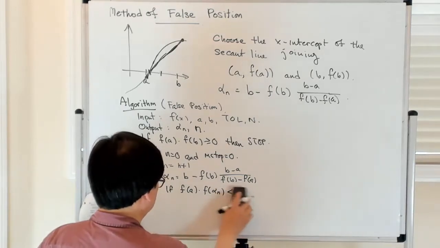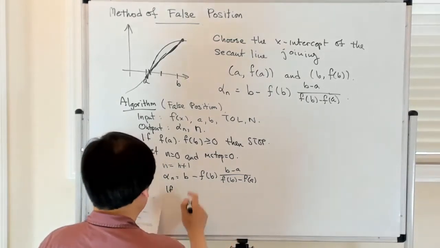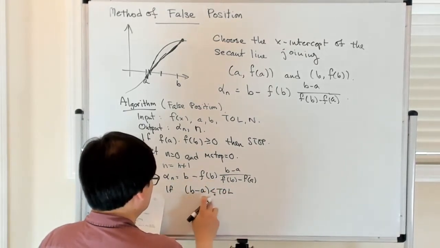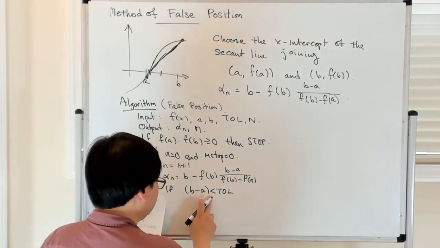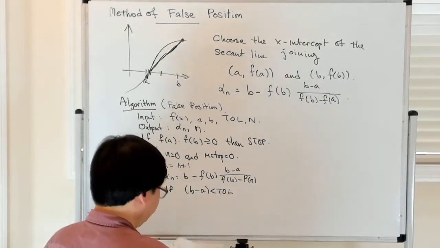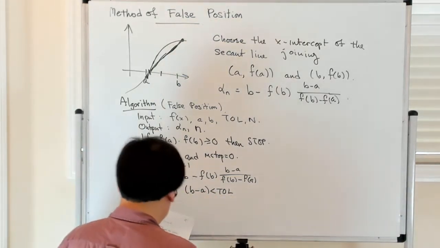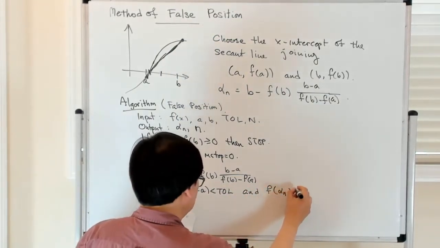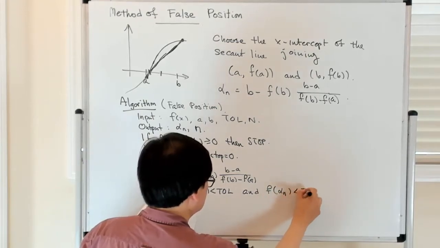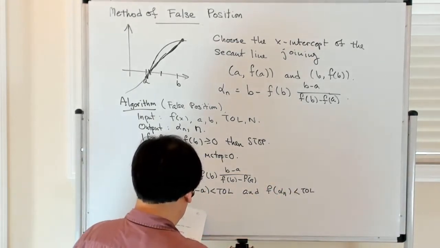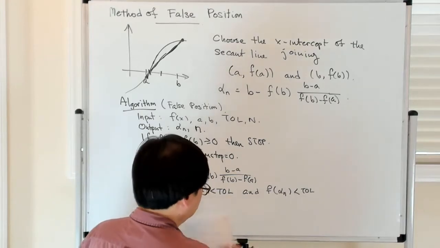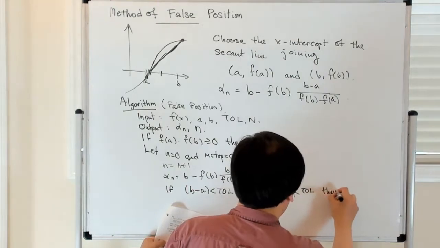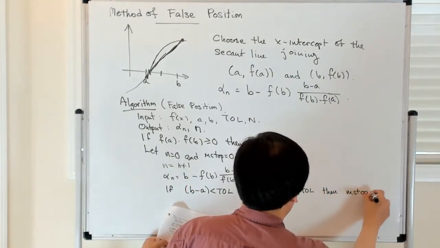Let me put the tolerance condition first. If b minus a is less than the tolerance, so in the bisection method, it would have been (b minus a) over 2 is less than tolerance. Here it's only b minus a is less than tolerance, and the absolute value of f(alpha n) is less than the tolerance, then mstop equals 1.